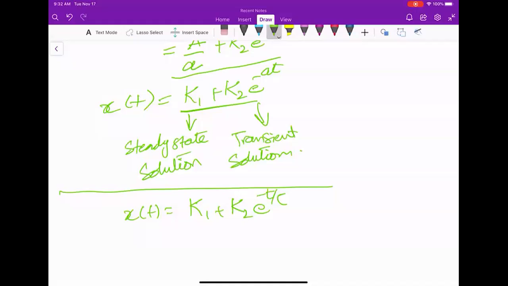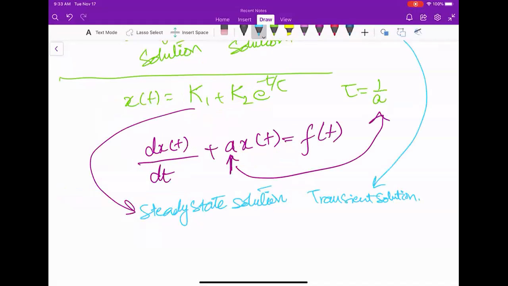Okay, so what it means that steady state solution means that this solution is achieved after an infinite amount of time, like when your circuit reaches its stable state.